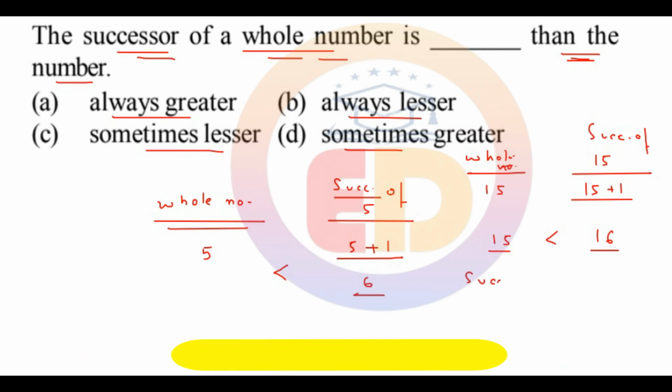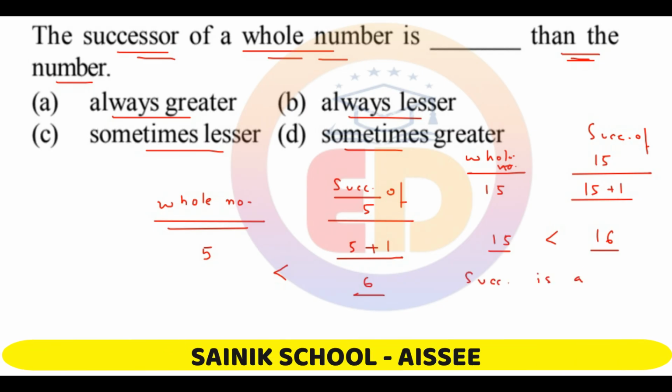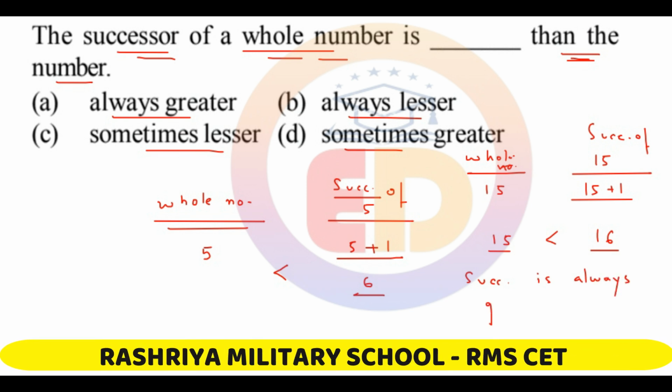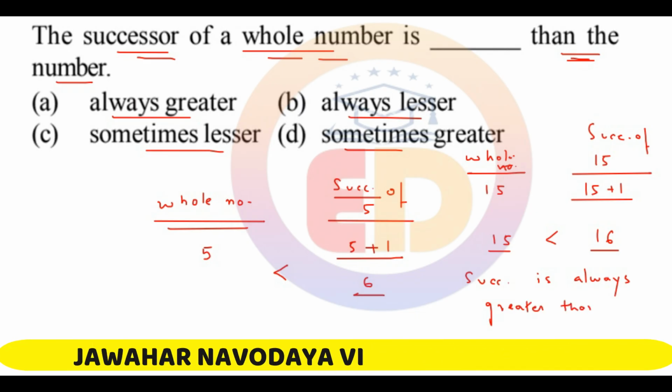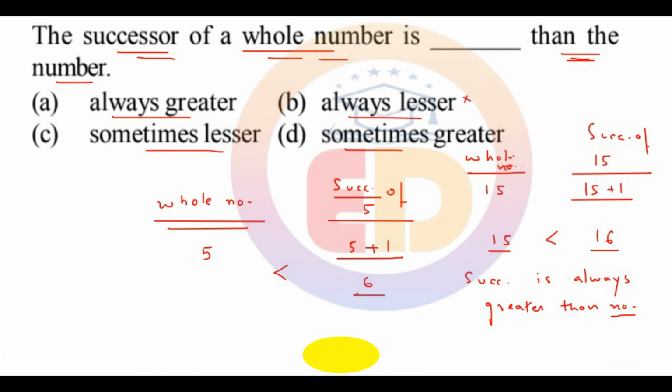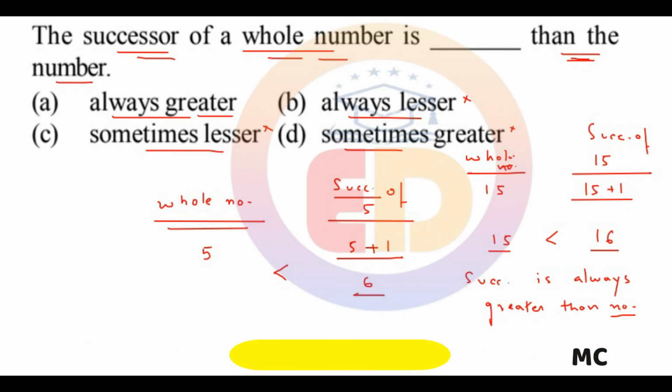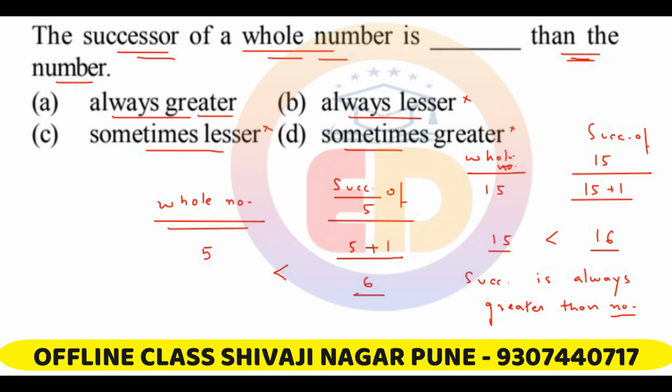Successor is always, you take whatever example, it will always be greater than the number. So answer is not always lesser, not sometimes lesser, not sometimes greater. It is always greater. Answer is option number A.